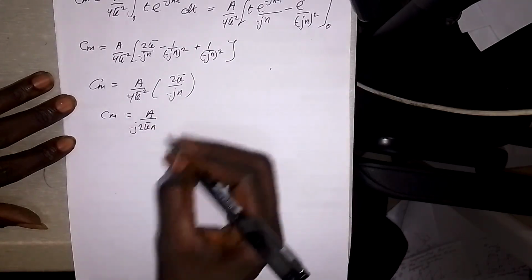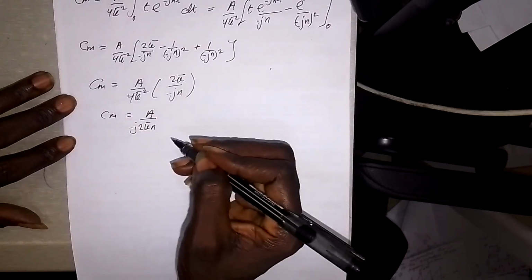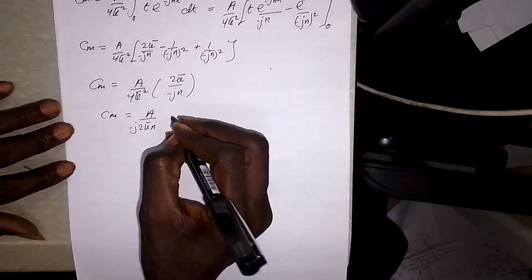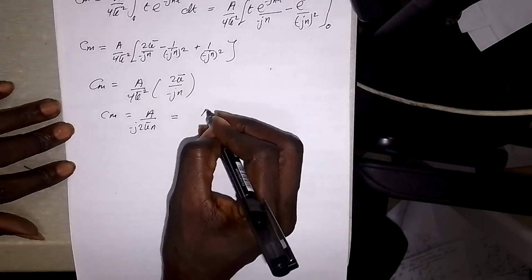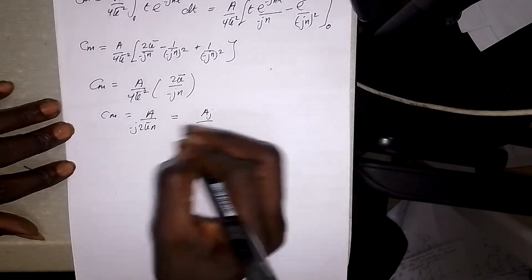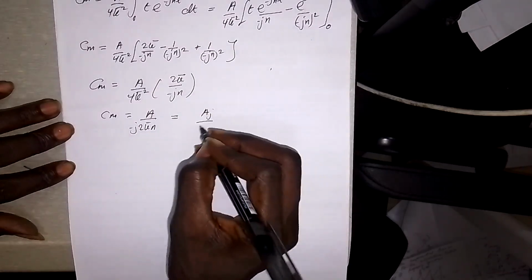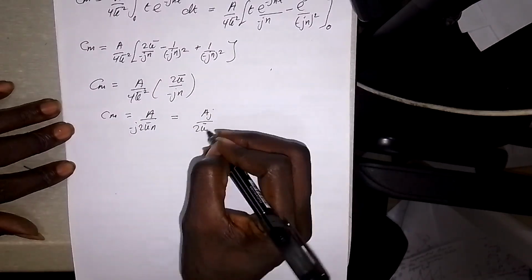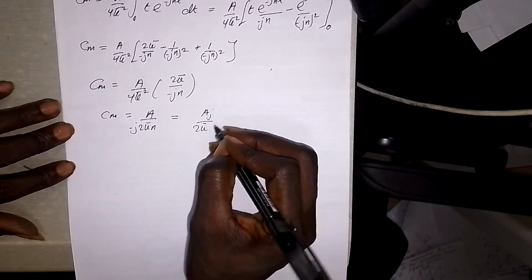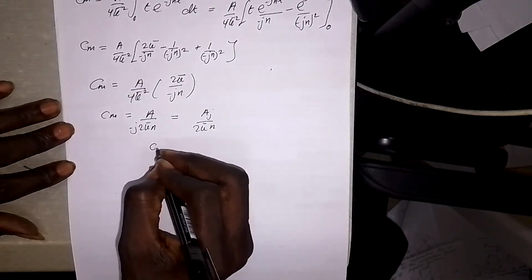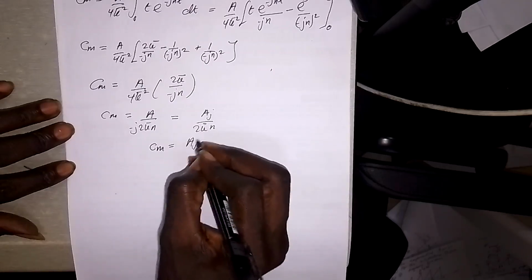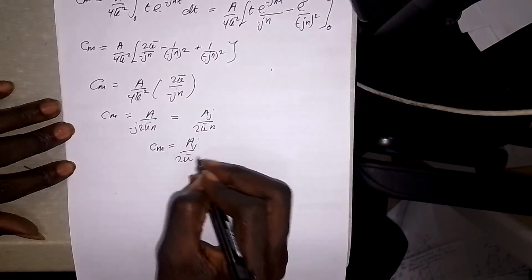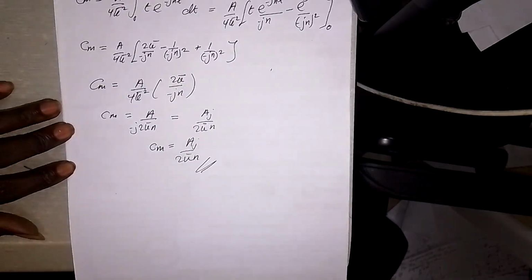But from complex numbers, this one can be equals to aj. When this j comes up, it becomes positive in complex numbers. So now my cm is equals to aj over 2 pi n. Right, so that's it.